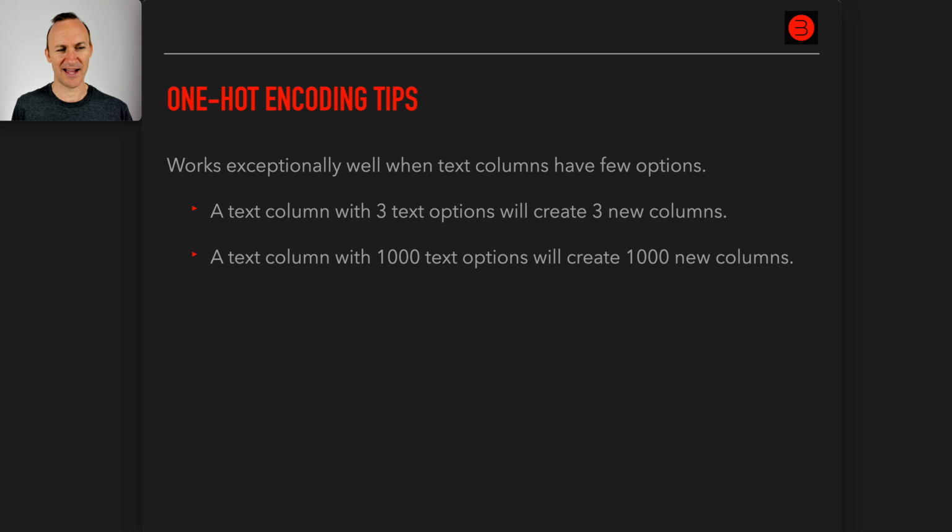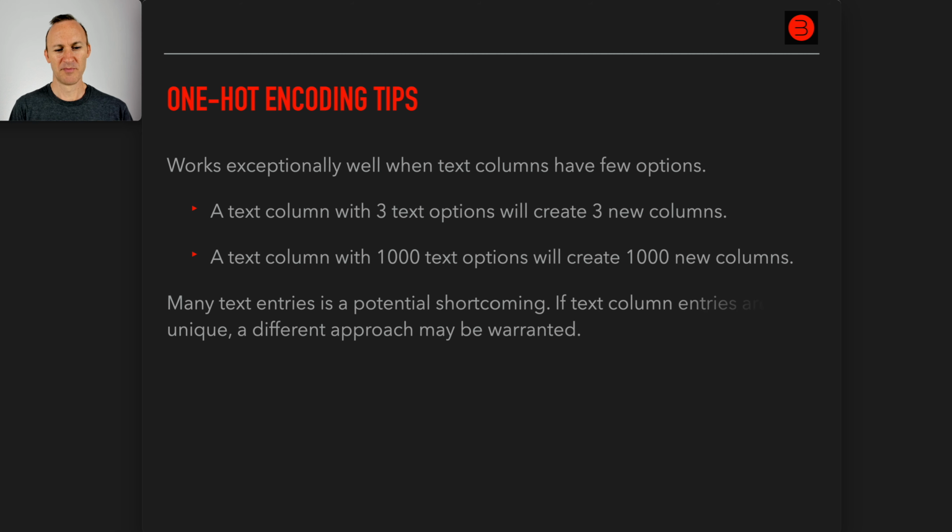What do you guys think about that? Many text entries is a potential shortcoming. If text column entries are unique, a different approach may be warranted, right? So it's not that these algorithms can't handle 1,000 columns. They actually can. Okay, it's just you don't want to clutter things unnecessarily.